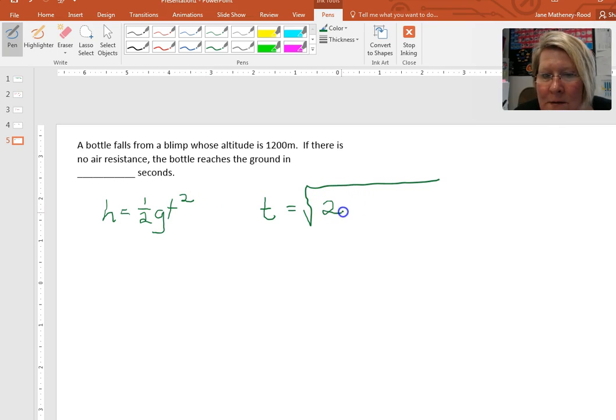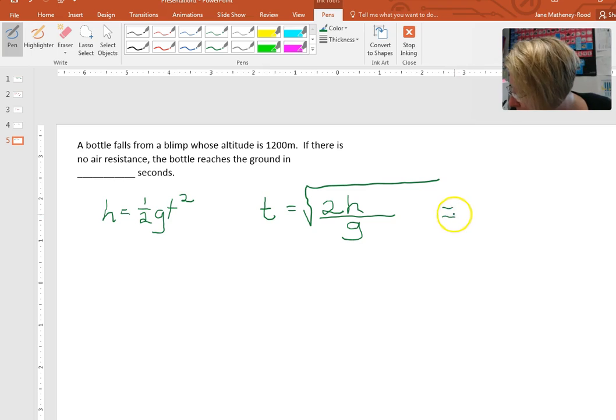To get rid of g on this side, I'm going to divide by g, and we have h on this side already, so it's the square root of 2h divided by g. Let's go ahead and plug that into the formula.